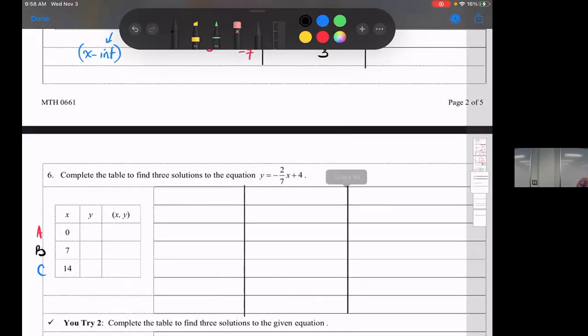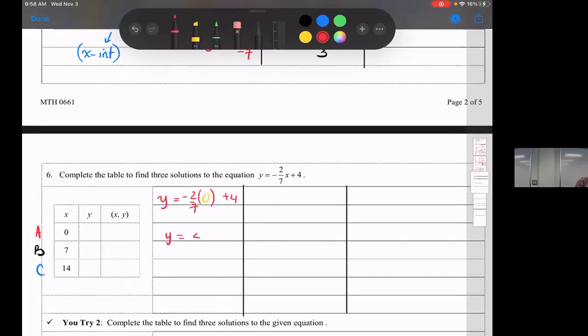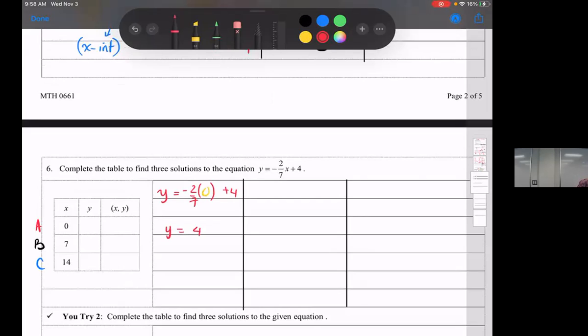Y equals, they give you all X. So negative 2 over 7 times parenthesis plus 4. The parenthesis is 0. 0 times anything is 0. So Y equals 4. So it's 0, 4.